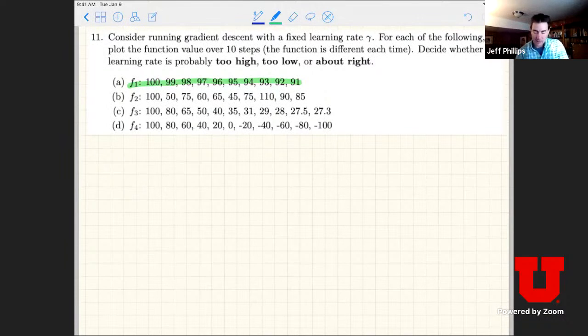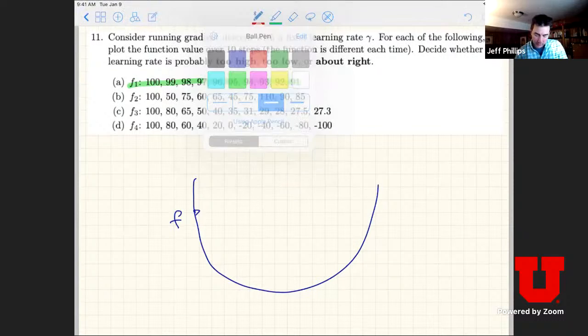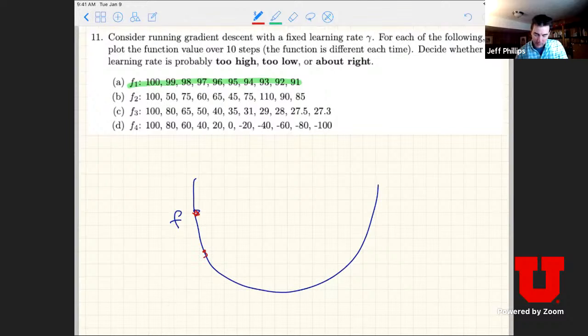Ideally, as you go further down, the function value should flatten off every step.